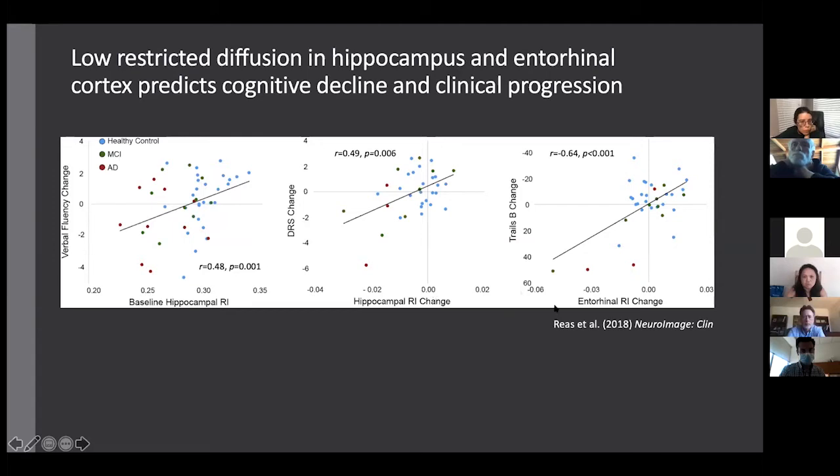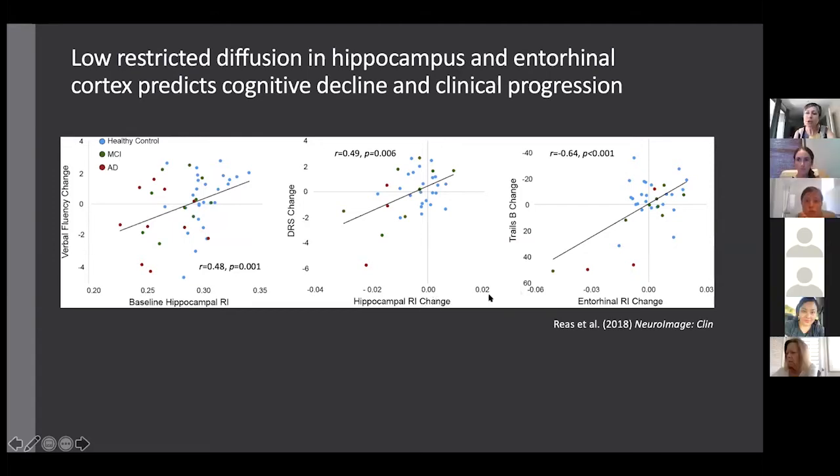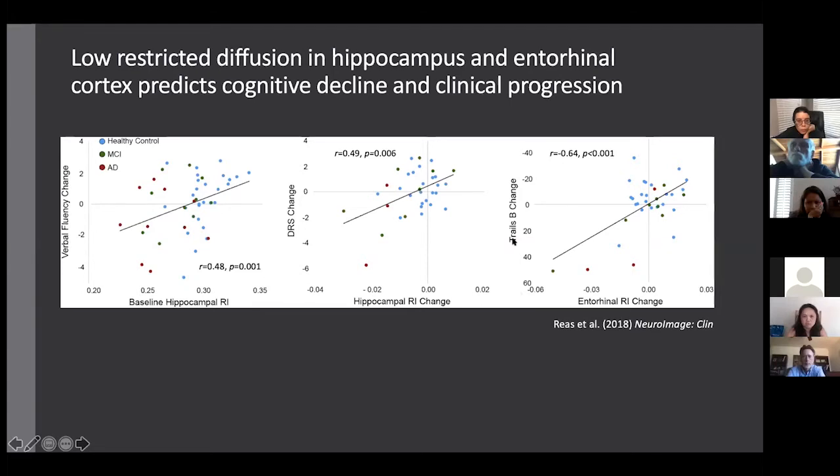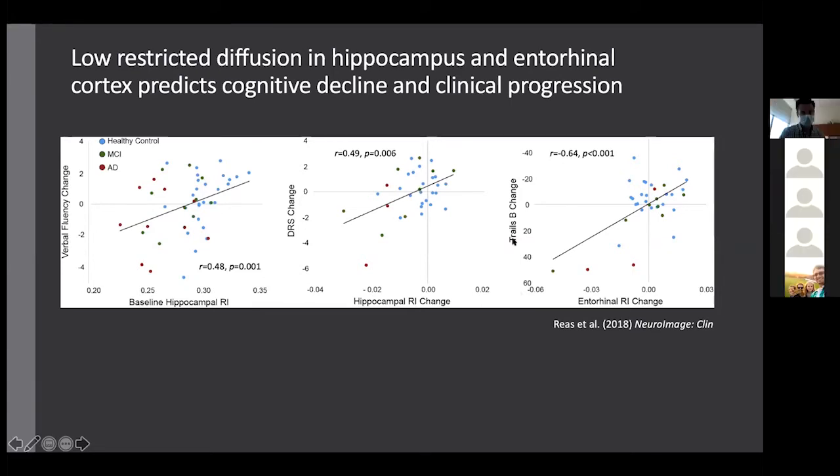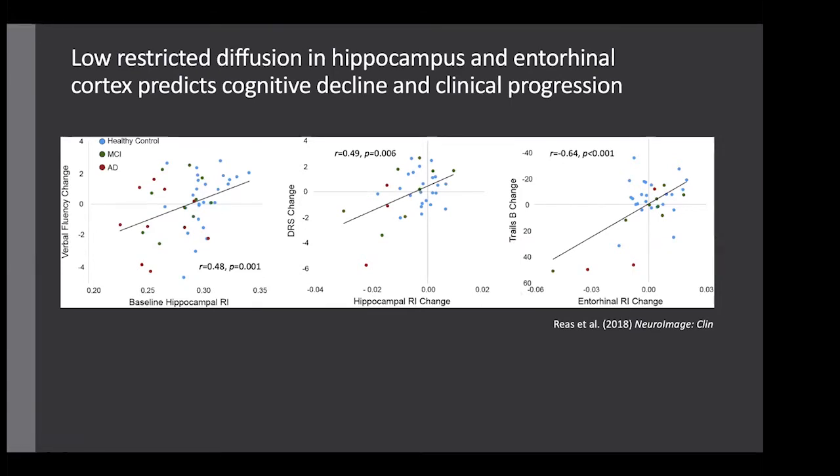In addition, the magnitude of change in restricted isotropic diffusion in both the hippocampus and the entorhinal cortex also correlated with more rapid decline in dementia severity and in executive function. So this was actually really exciting to find that these RSI measures aren't just sensitive to existing cognitive deficits, but they may be valuable biomarkers for predicting disease progression.